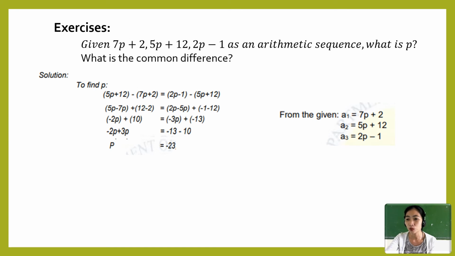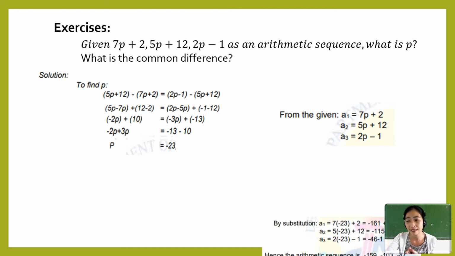Now, you are also asked to find the common difference. For us to easily get the common difference, we have to get the number value for each term. If a sub 1 is 7p plus 2, then a sub 2 is 5p plus 12, and a sub 3 is 2p minus 1.